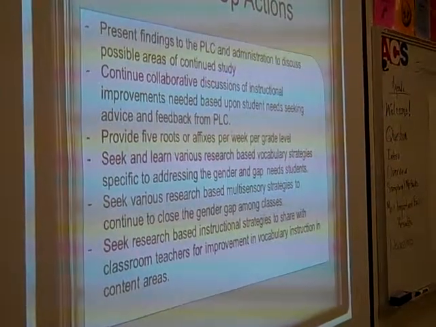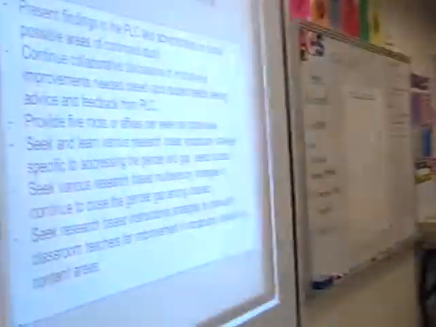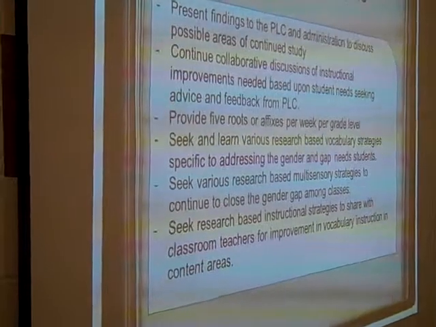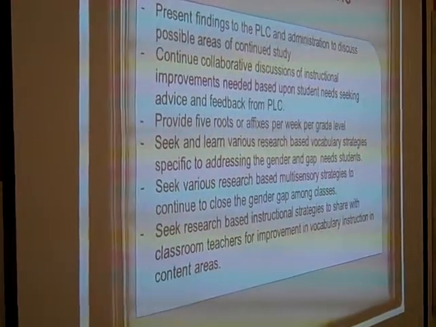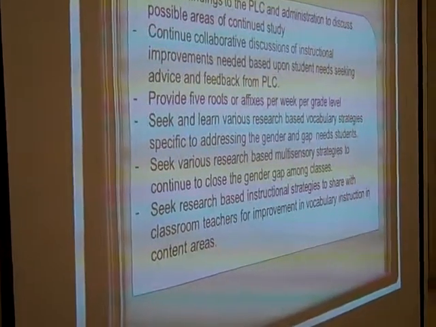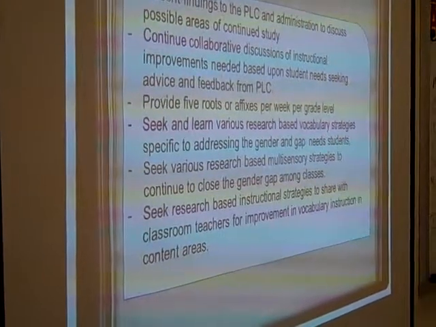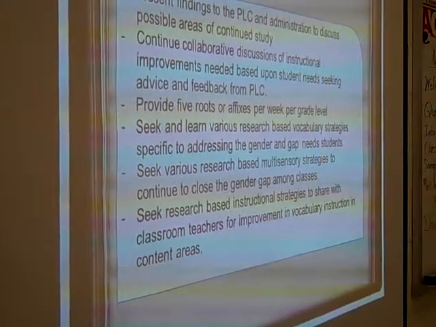Of course, I'm presenting the findings to our BLC to discuss possible areas of continuing study, collaborative discussions of instructional improvements based upon the student needs, providing maybe 5 root words and affixes per week per grade level, figuring out how we're going to do that, seeking and learning even more research-based strategies that would address the gender and the gap needs students, multisensory strategies I think we should take a look at, and research-based instructional strategies to share with other classroom teachers for improvement either in vocabulary or even literature in general.